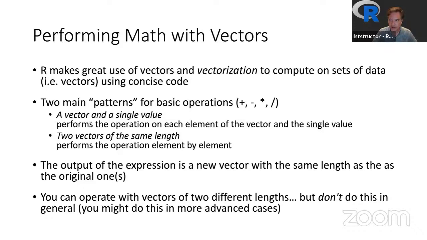There was a question about the different names for similar kinds of bags in other programming languages. So we talked about a vector. That is a specific thing in R. The equivalent thing in Python would be called an array. And in Java, it might be an array list, I think, if I remember correctly.